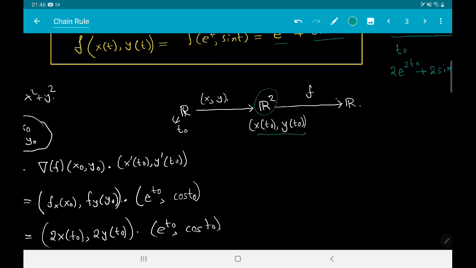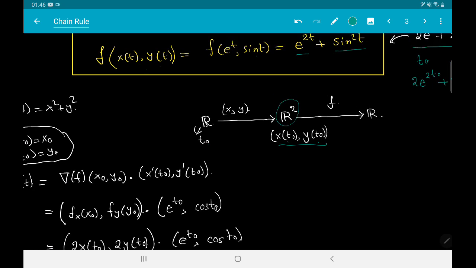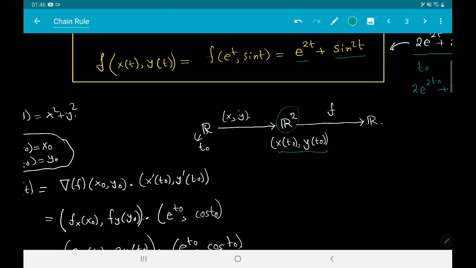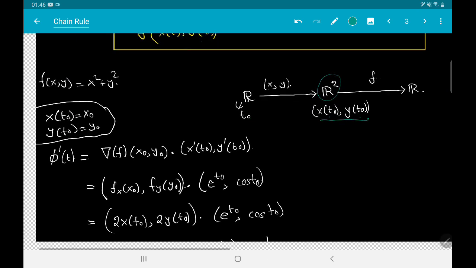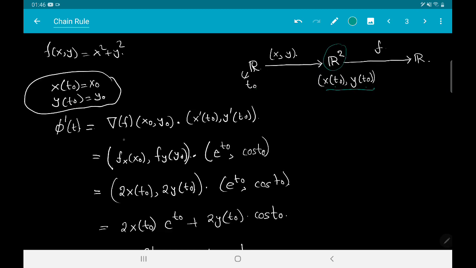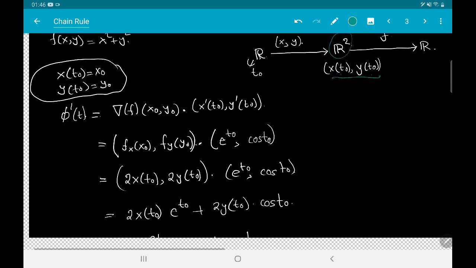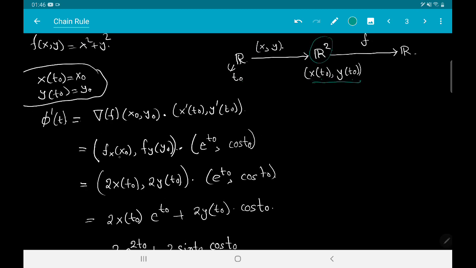And suppose that I have this function f, which is x² + y², and x, y are given as above: x(t) is e to the power t, y(t) is sin t, and all I need to compute is this dot product. So we want to compute f_x and f_y at (x0, y0). These are very easy to compute, and it's also very easy to compute x'(t0) and y'(t0).